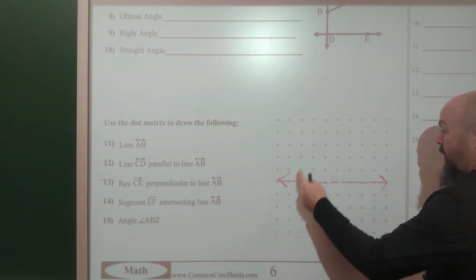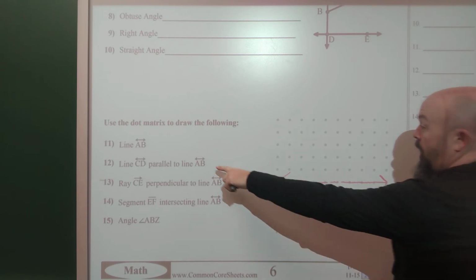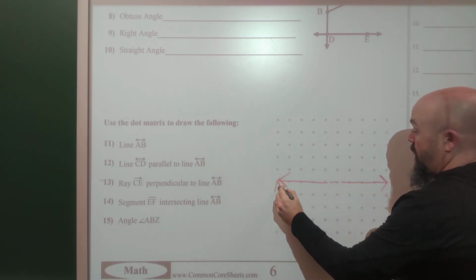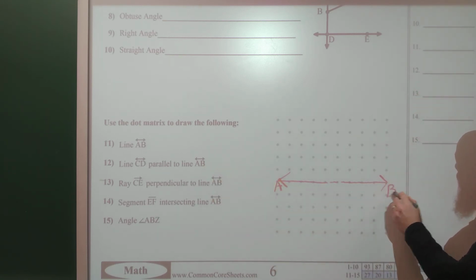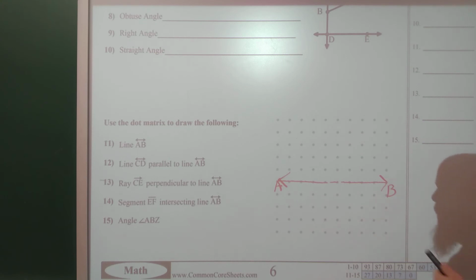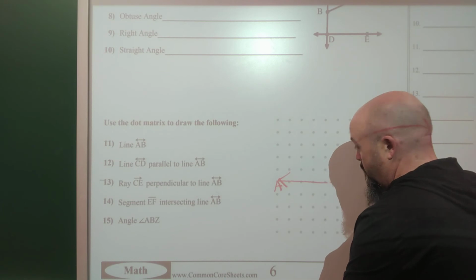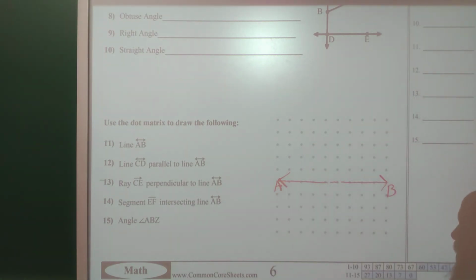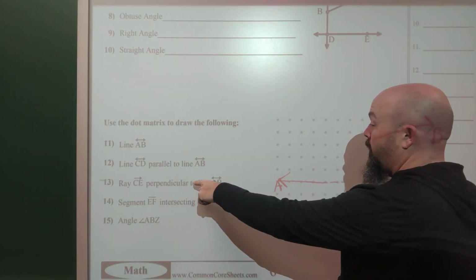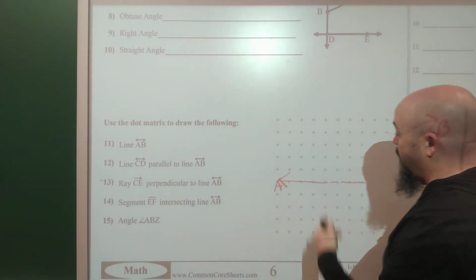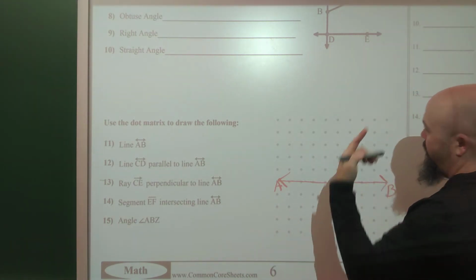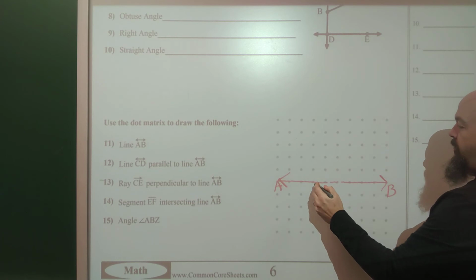So I've created my line, arrows on both sides. I notate it A, B. So I've created my line, so now I've done 11, and I'm going to do number 13 as well. It's asking for ray CE to be perpendicular. What's perpendicular? 90 degrees. It has to be a 90-degree intersection, and it doesn't have to be necessarily in the center.